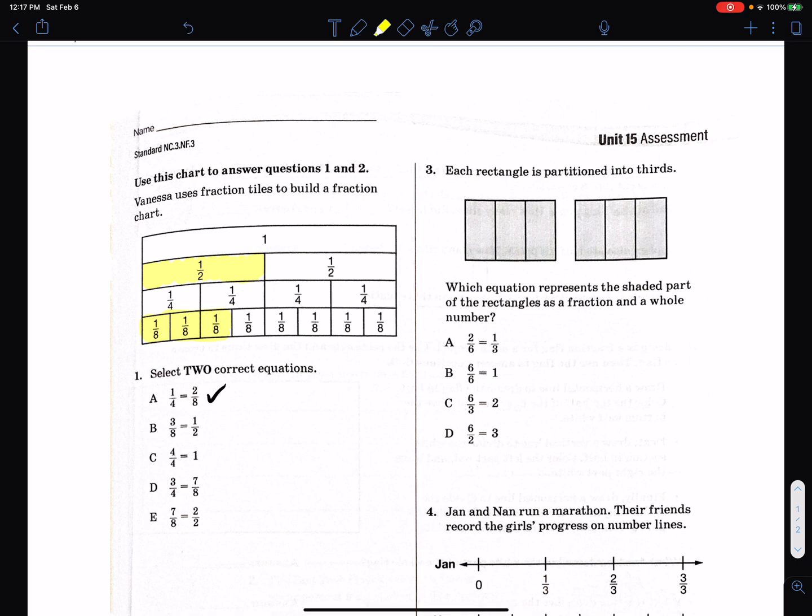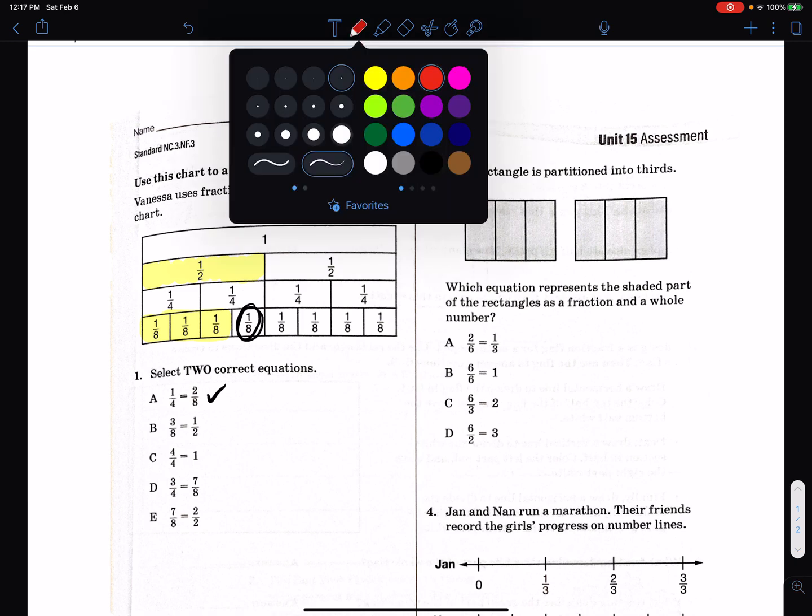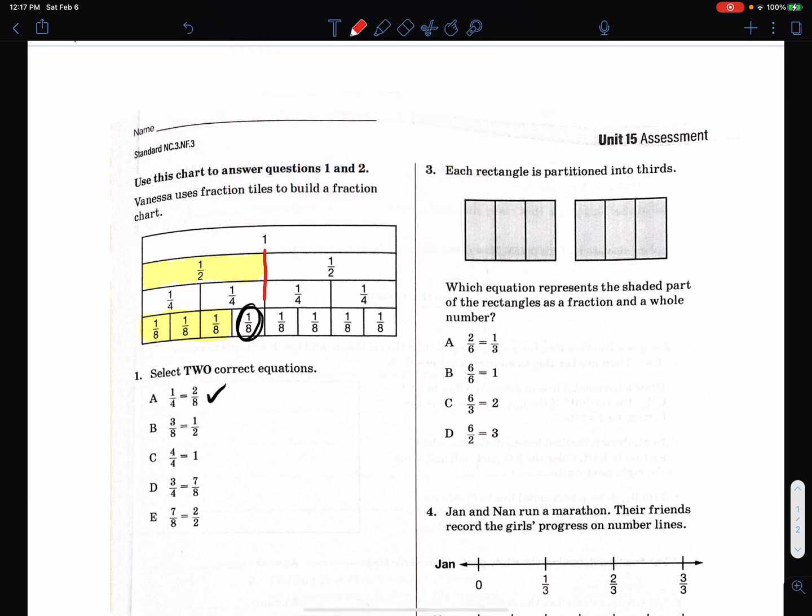And in looking at these shaded parts, I see that 3/8 is not equal to 1/2 because I have this 1/8 that is not shaded but needs to be shaded to get me to equal this 1/2. So I'm going to put an X over letter B because I know that one's not correct.